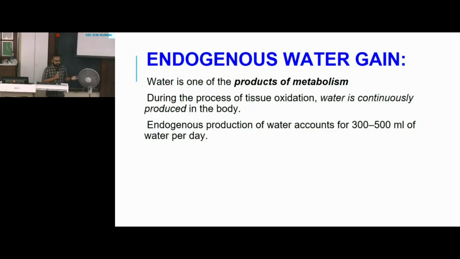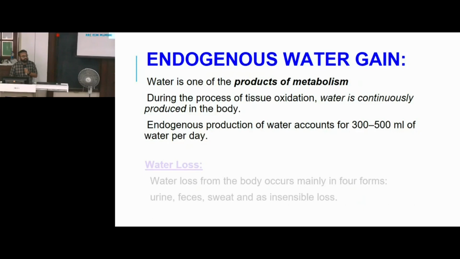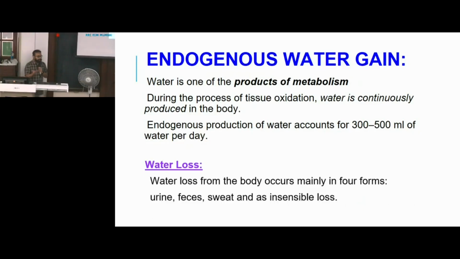In the cell, intracellularly. So intracellularly, whatever reaction happens, what is the major byproduct of this? Water and CO2. Very good. So these two things we have to remember. We will be discussing CO2 after some time, but for now we will remember that water is the result of endogenous reaction, the making or production of water.